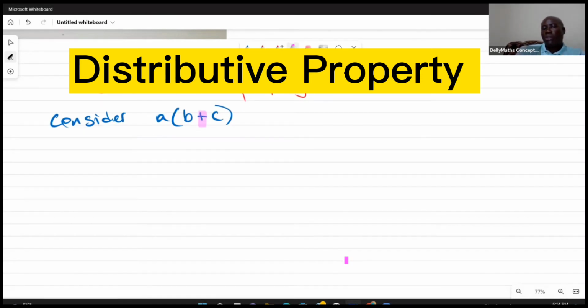Now, the law of distribution suggests that, and I'm going to write it. I want everybody just to write this.